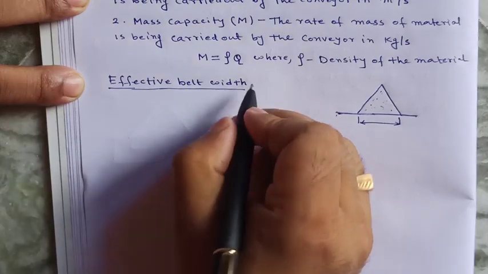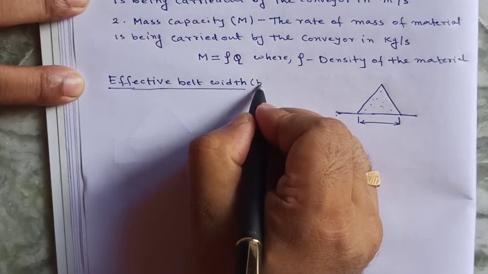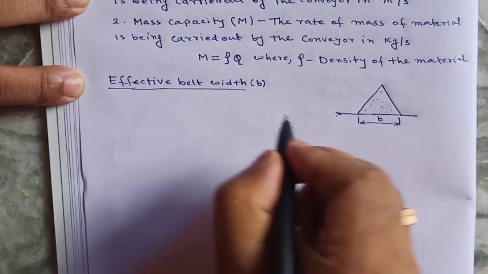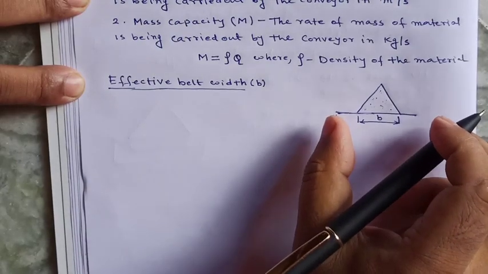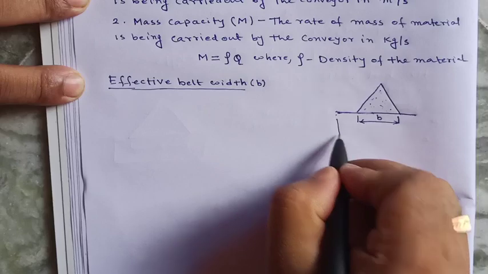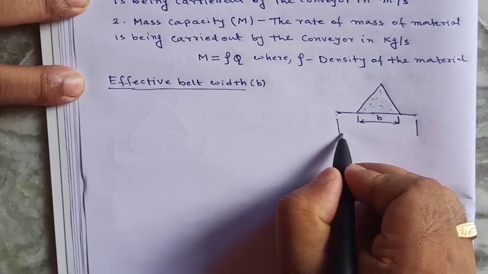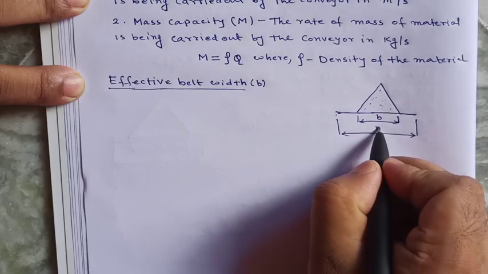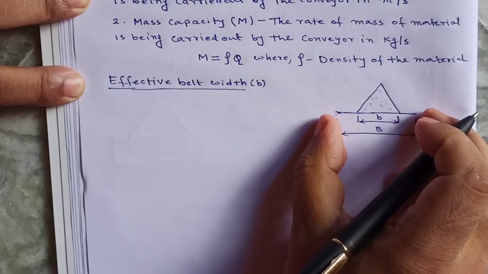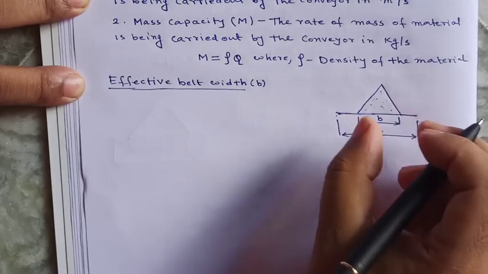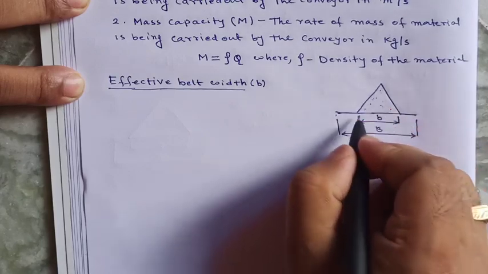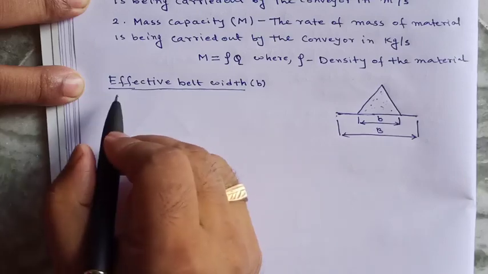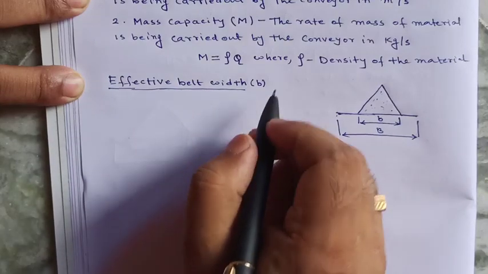If this effective belt width is denoted by small b, and total width of the belt is denoted by capital B. This is the total belt width, and the material present on this belt is up to that distance. So this is the small b, and this is the effective belt width.